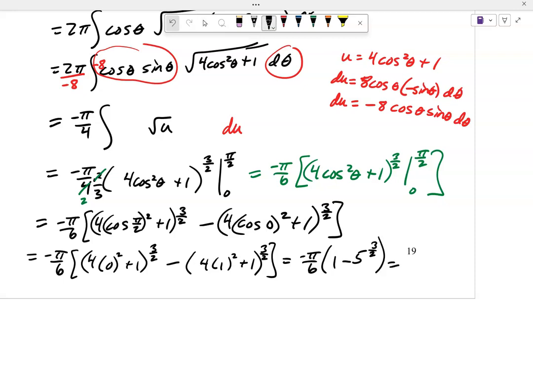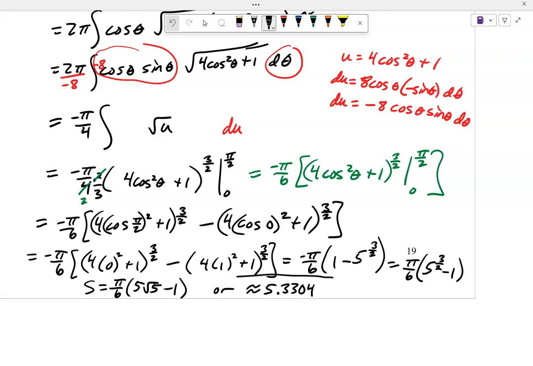Let me change that, take a negative out. So I got pi/6, changing those signs. There it is. 5 to the 3/2 is the same as 5 root 5. Or you can punch that in, and that is 5.3304. And there's the area of the surface. Thanks so much for watching. See you next time.